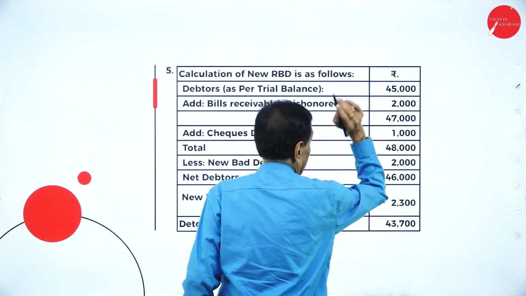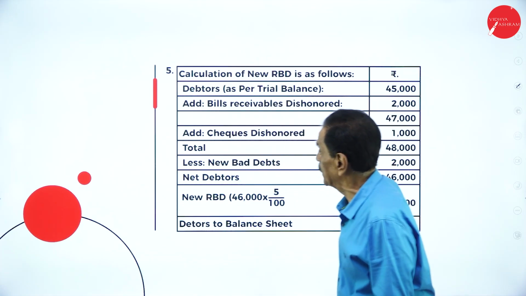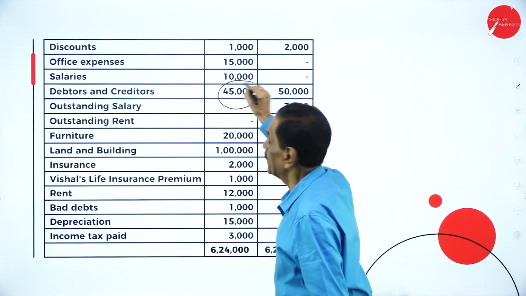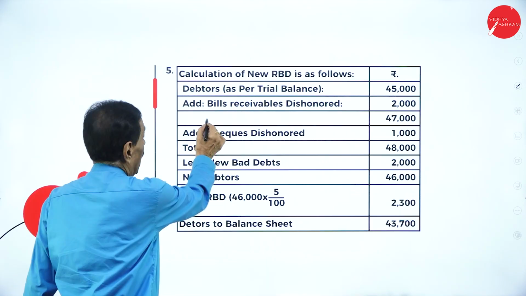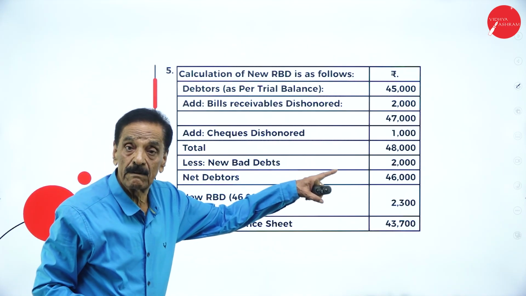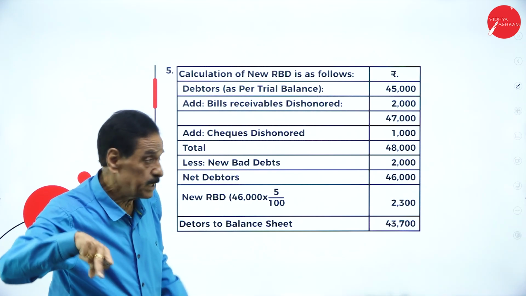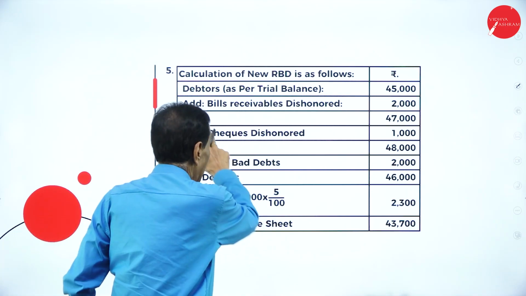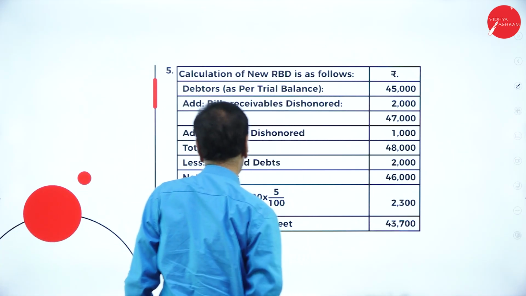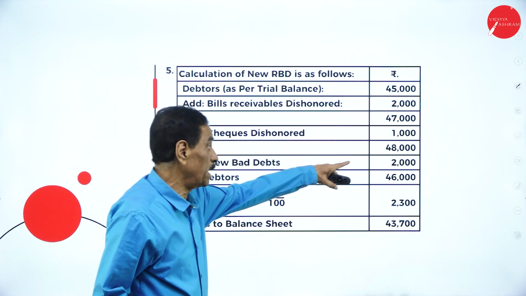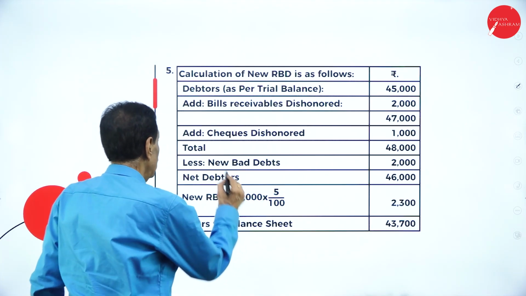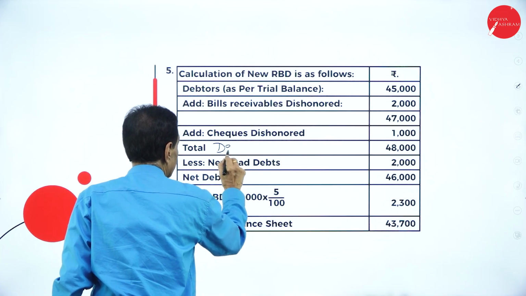Debtors as per trial balance are 45,000. Add BR dishonored, that is 2,000 given, that should be added. Add cheque dishonored 1,000. So your total debtors become how much now?